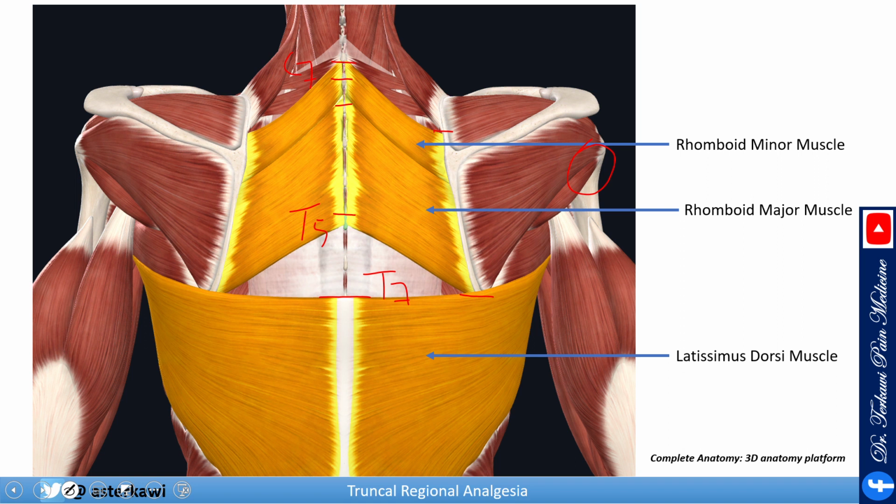The latissimus dorsi is innervated by the thoracodorsal nerve, which originates from C6, 7, and 8. And the function of the latissimus dorsi is to extend, adduct, and medially rotate the shoulder. It also elevates the body toward the arms during climbing.